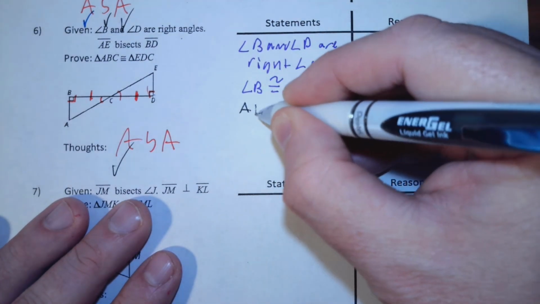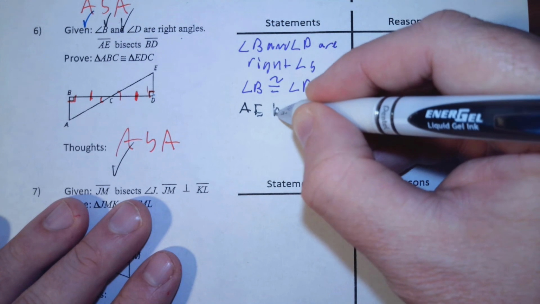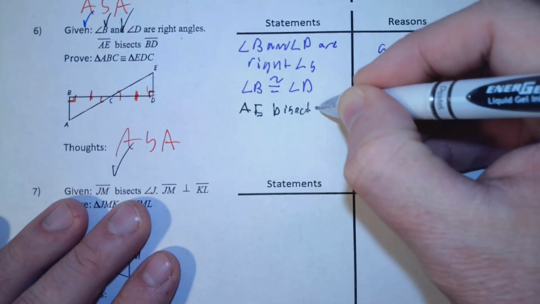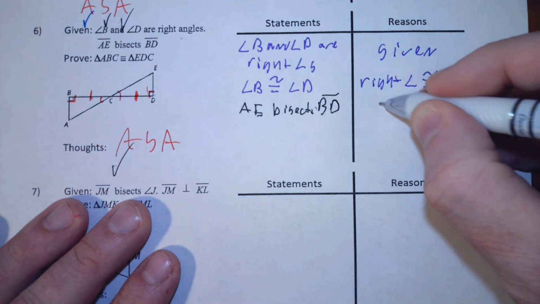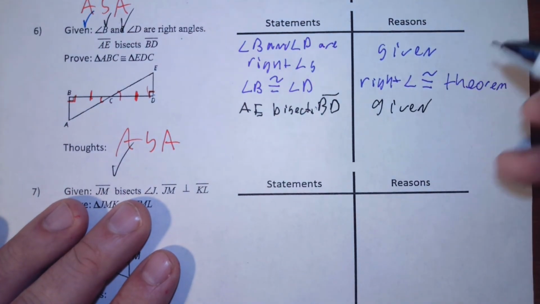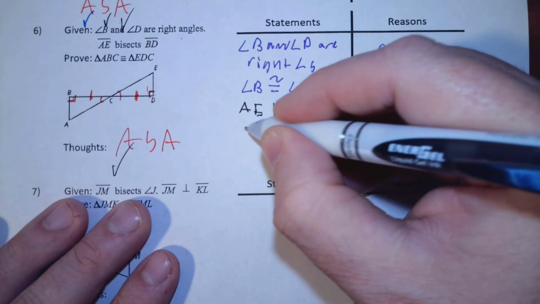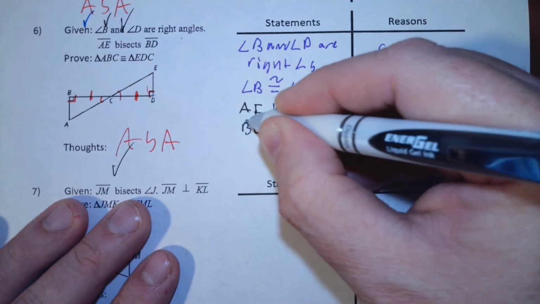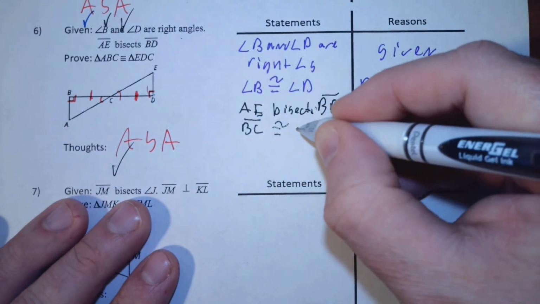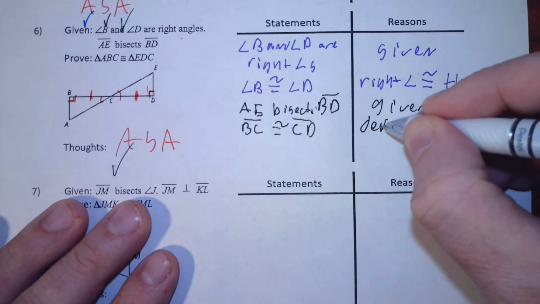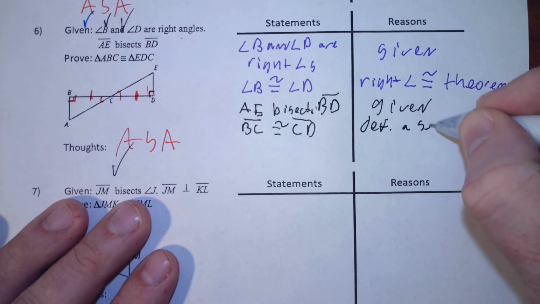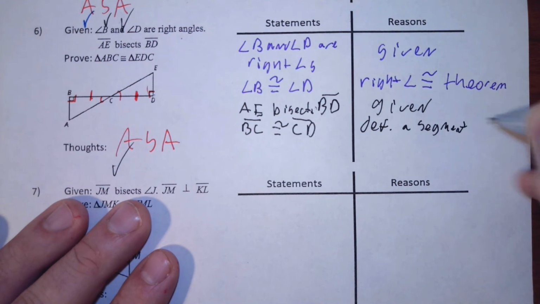AE bisects BD. That's a given. What does that mean? That means that BC is congruent to CD. And that's the definition of segment bisector.